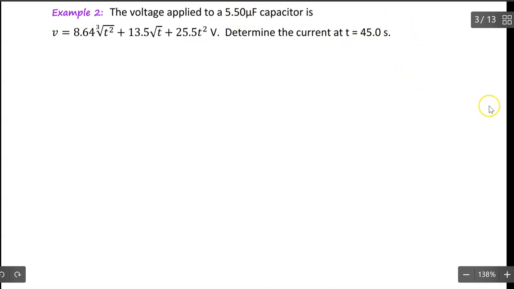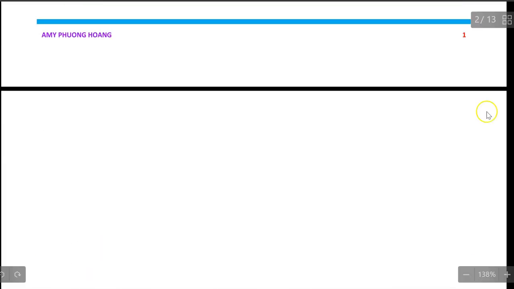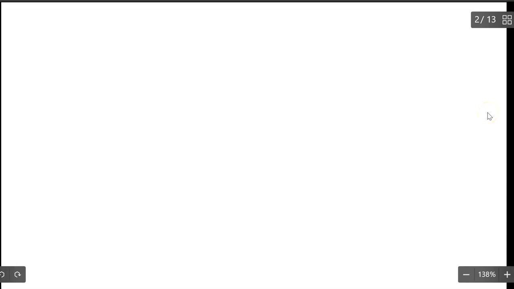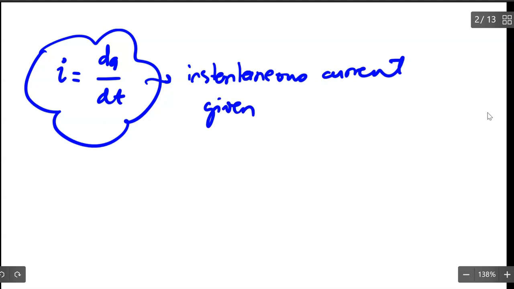Alright, so what I'm going to do is ask everyone to recognize what formulas we need to use. I am going to write down in this space what we need to recognize. This one is the instantaneous current, given Q as a function of time.